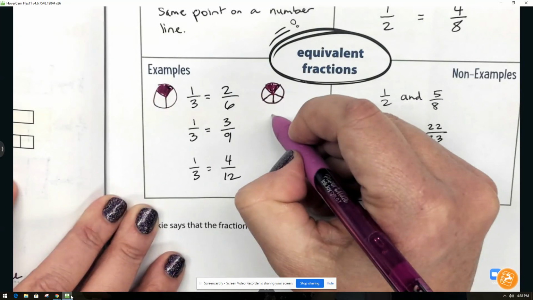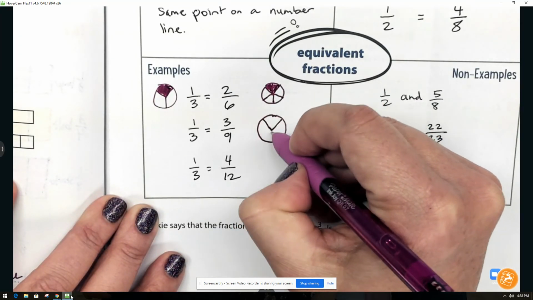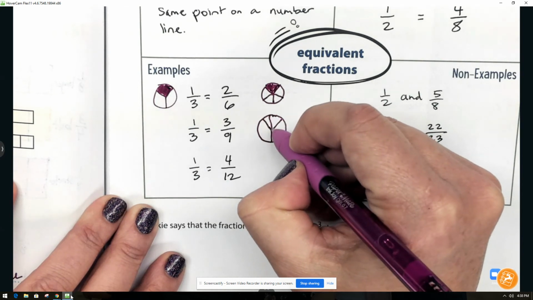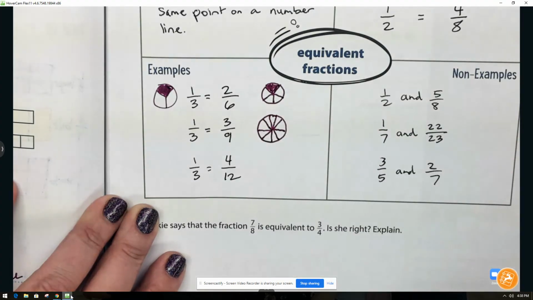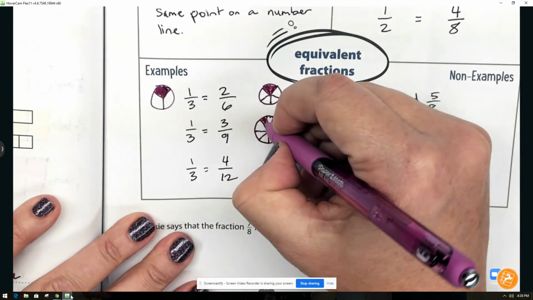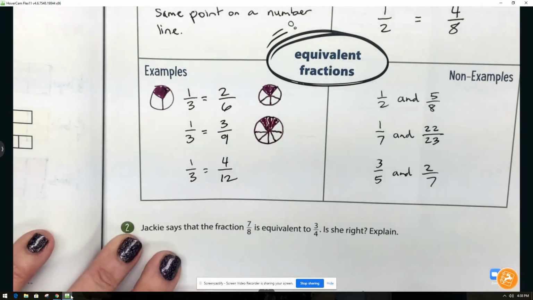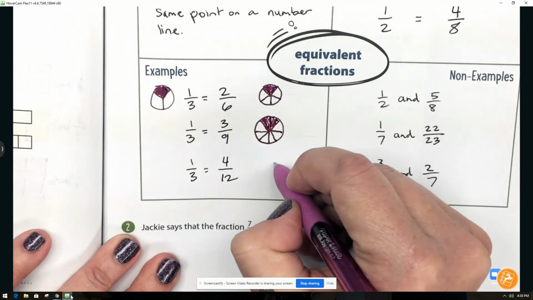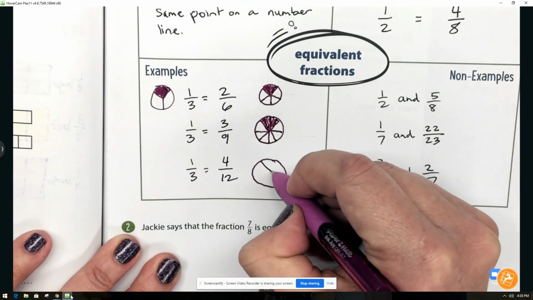For 3/9, same circle, but now I've broken this into 9 parts, and I'm gonna color in 1, 2, 3. And then the third circle, as you can see, I'm gonna color in 4/12.